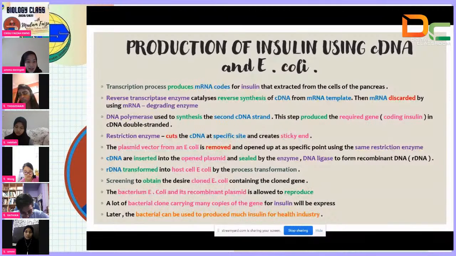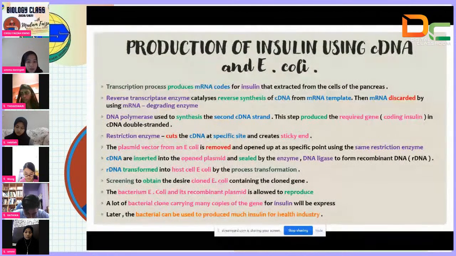Next, the cDNA is inserted into the open plasmid and sealed by using DNA ligase to form rDNA. And then the rDNA will be transformed into the host cell E. coli by the process of transformation, and then screening is done to obtain cloned E. coli.